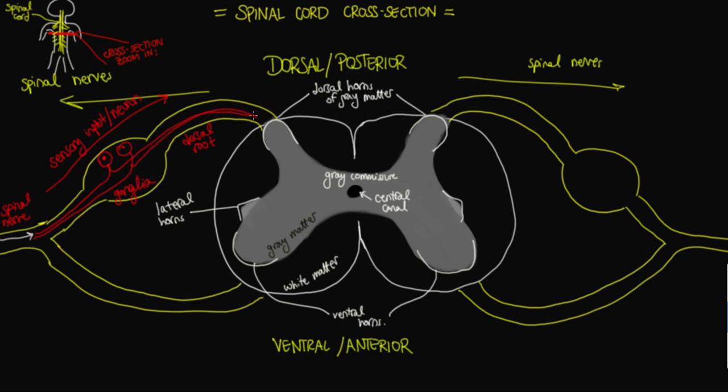Now let's trace the pathway. So we have sensory information coming in from the dorsal side, and we know that sensory neurons are going to relay information to interneurons. And these interneurons are going to be located inside the gray matter of the spinal cord, and specifically in this dorsal or posterior horn.